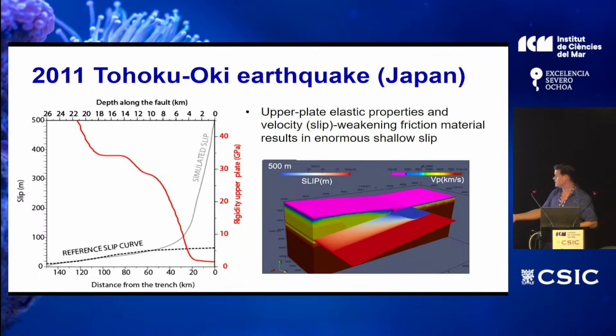But what we obtain is fault displacements of 500 meters if we assume this scenario, which is not realistic at all. So there must be something else at play here that explains this slip pattern with this elastic media.